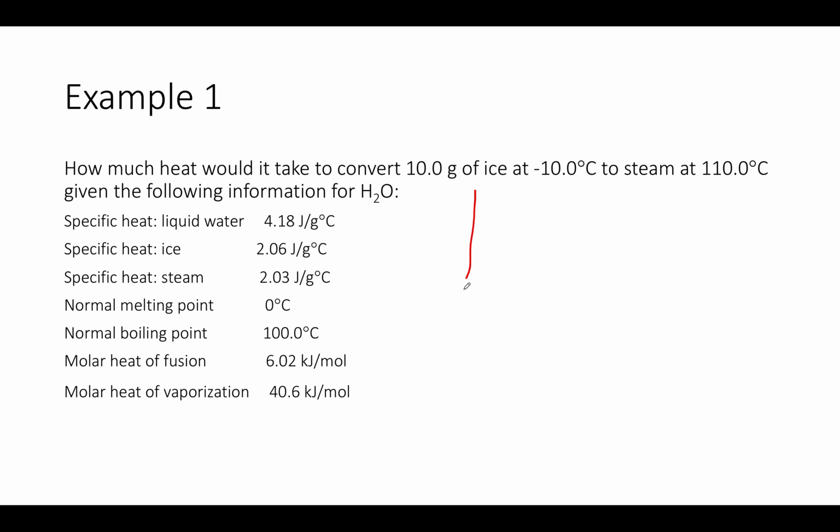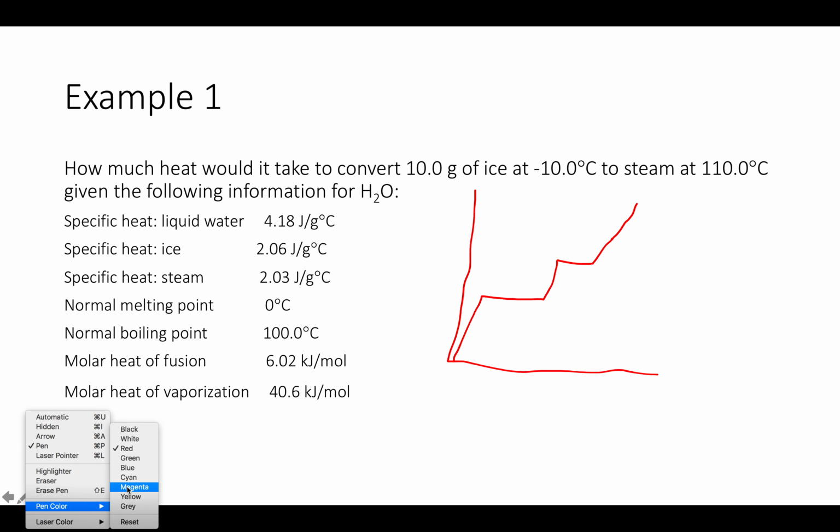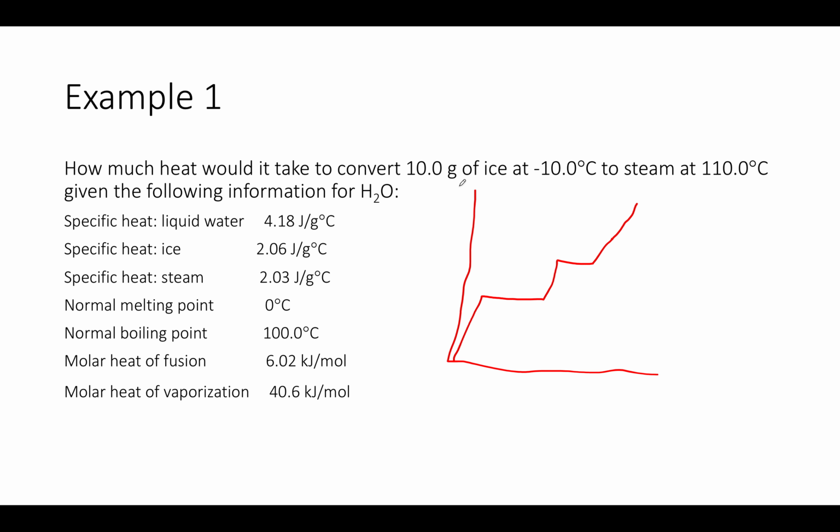So what I like to do first is draw the phase changes that are occurring. And that will help us to determine which heat we're going to need. So the problem says that we're converting ice to steam. That means we're going from a solid to a gas or a vapor.